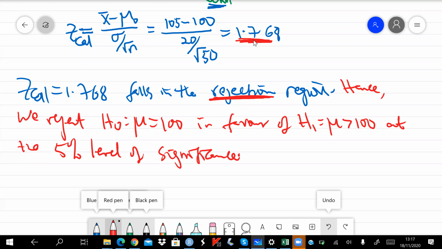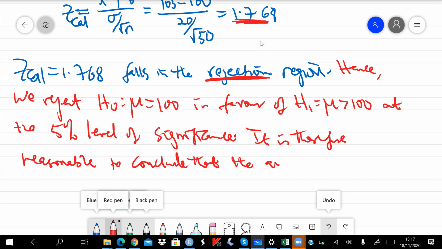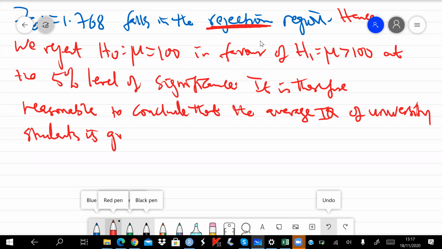Then finally, we say that it is therefore reasonable to conclude that the mean or the average IQ of university students is greater than 100.